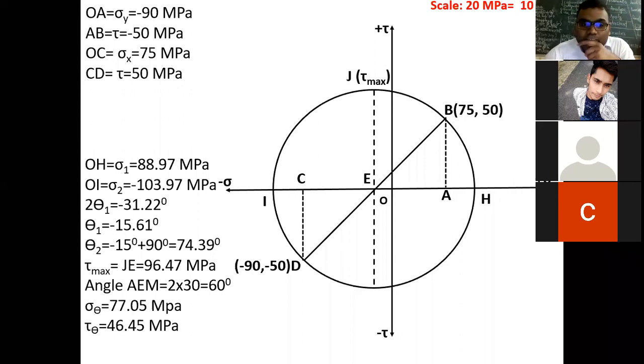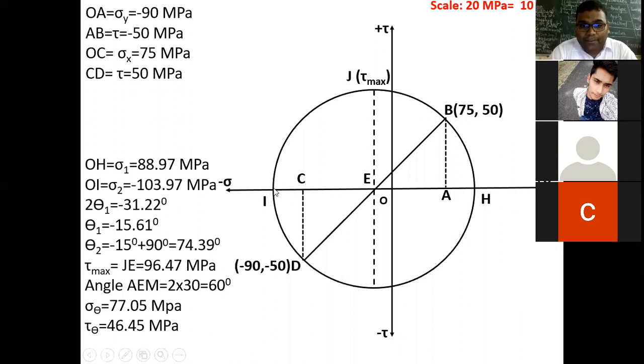Sigma 1, you just measure this from O to H in a linear scale. We have taken the 20 scale, so it is 4.4, it will become around 4.4 this distance, so you have to multiply by this 20 scale, you will get 88.97 megapascal.